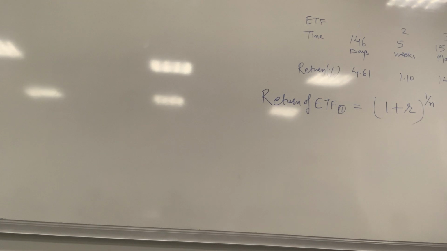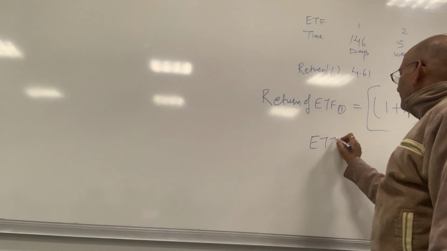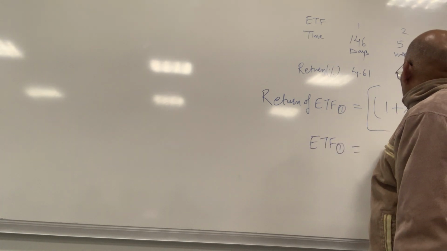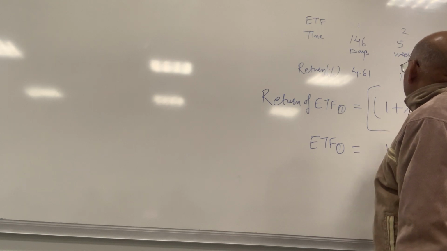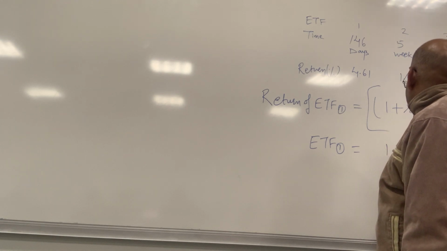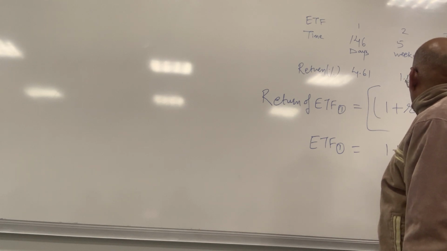You have to use the power 1 by N and the rest of the formula is the same as we are doing: again minus 1 and then multiplied by 100. So for ETF 1, the rate of return is 4.61%, so that will become 0.0461.